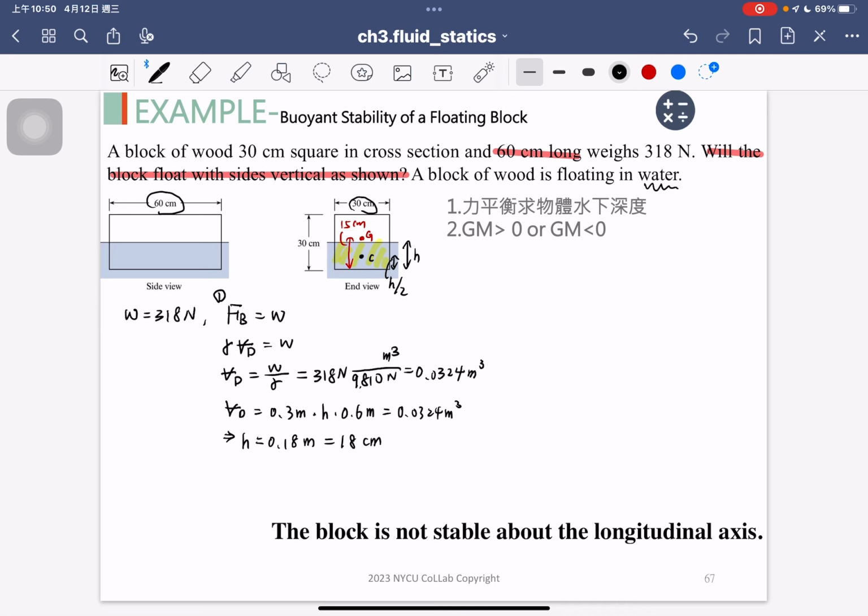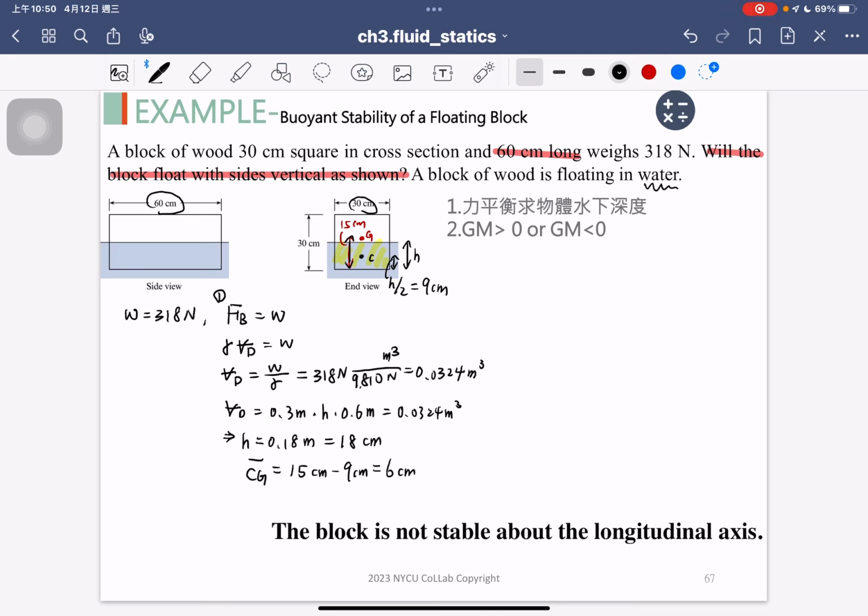So right now we already have the H. We know that H over 2 is equal to 9 centimeters, and the distance there is 15 centimeters. So we can compute the CG distance, which equals 15 centimeters minus 9 centimeters, equal to 6 centimeters. Okay, so we have the CG value.